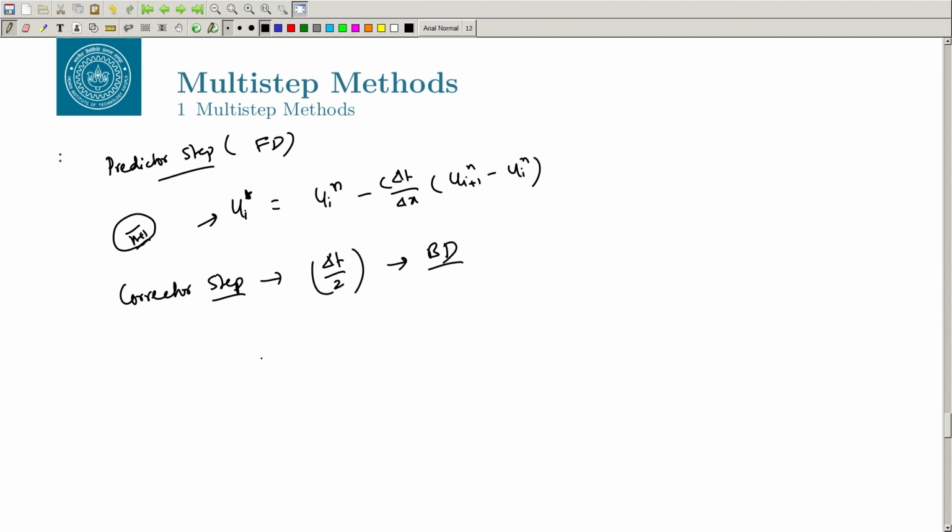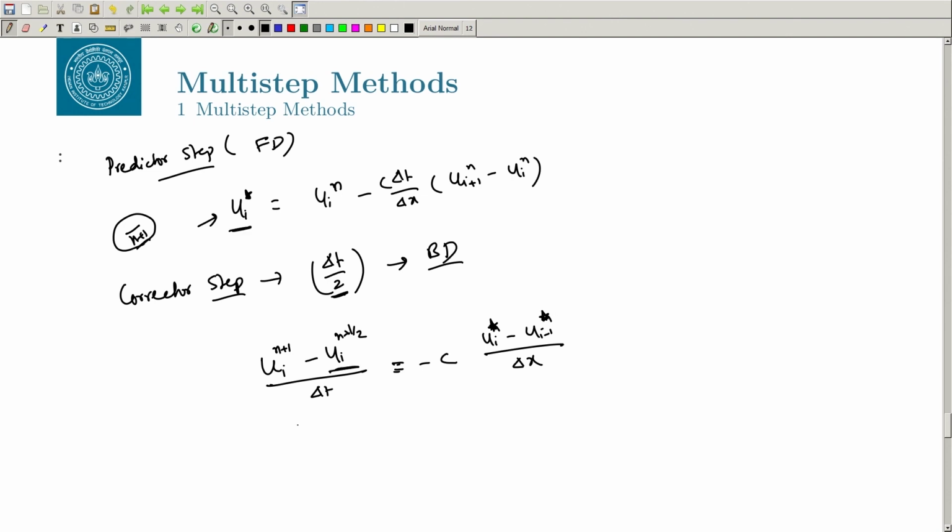So if you do the backward differencing, this will be u_i^{n+1} minus u_i^{n+half} by delta t equal to minus c, and we are doing the backward differencing, so that becomes u_i star minus u_{i-1} star by delta x, and this will use the values we calculated earlier, u_i star and u_{i-1} star.